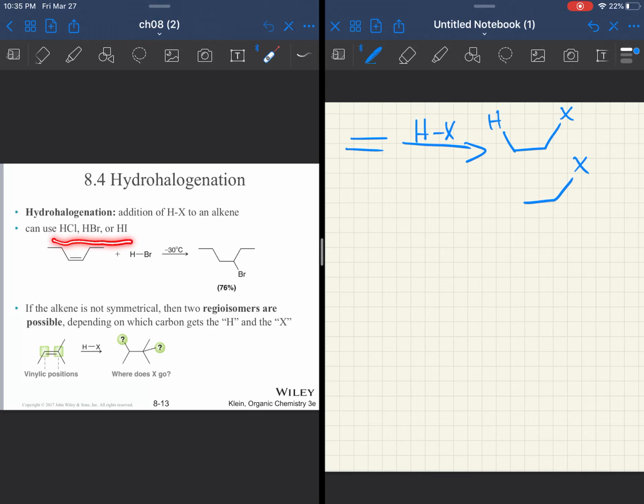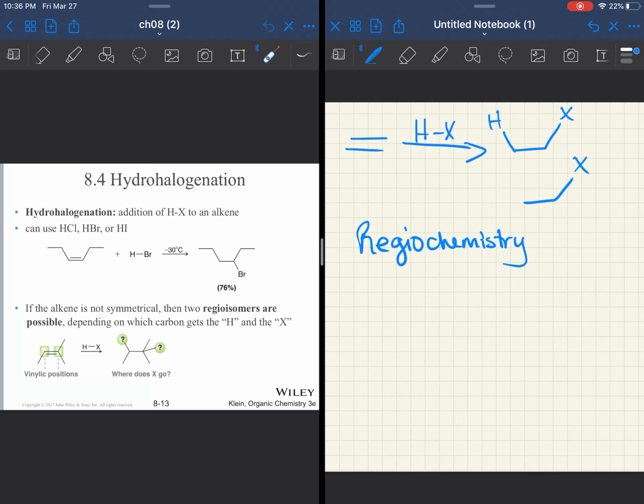Okay, so you can use HCl, HBr, or HI. You are not going to see HF. We're going to note that fluorine can be a little problem child and needs to be dealt with differently. In fact, most of the time you're going to see HCl and HBr. We are going to look at the mechanism of this reaction in a minute, but first we need to talk about regiochemistry.